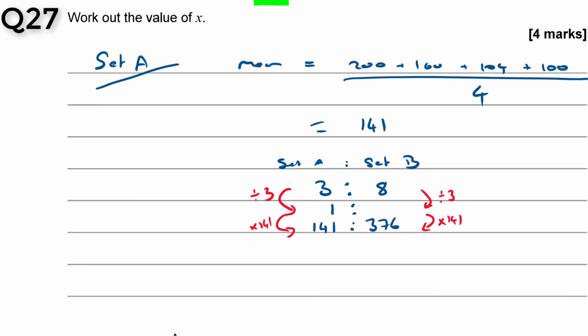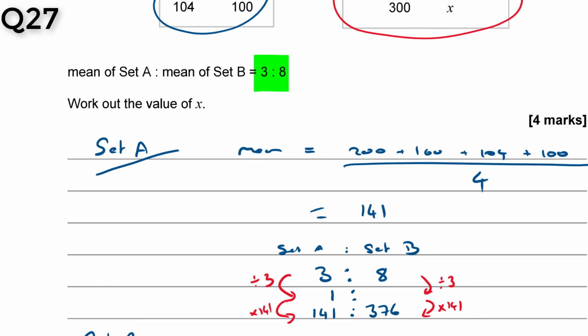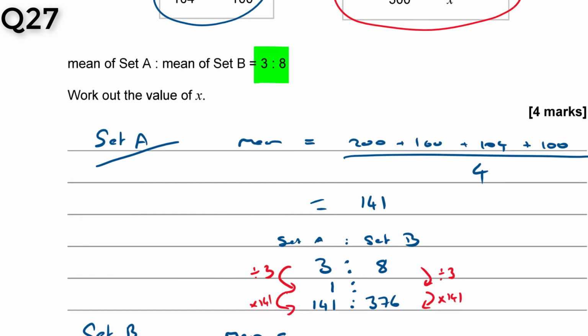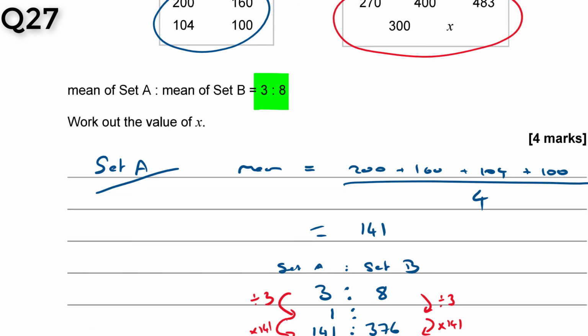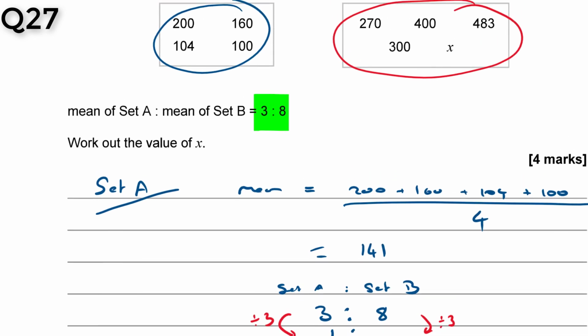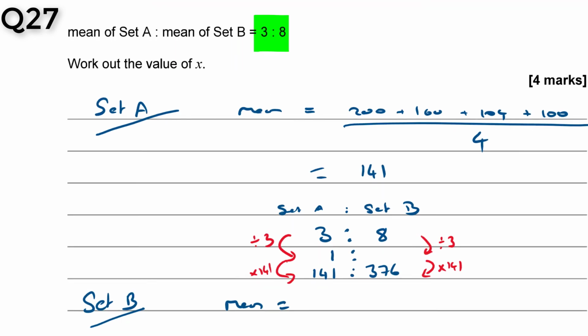So let's have a think now about set B. To find the mean of a number, we take all the values, we add them up, and we divide by how many we've got. So we've got 5 values now: 270, 400, 480, 300, and x. So let's add those up.